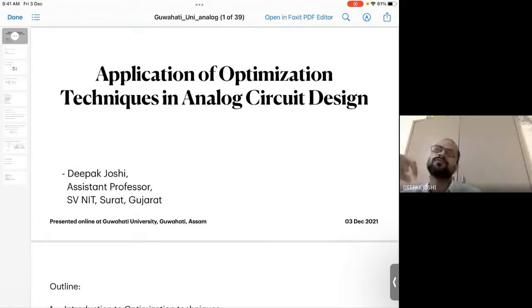So if we are able to apply optimization algorithms in order to minimize that time and effort, it will be very good, because it will be a great help to the designers, isn't it? In smaller circuits the reduction of effort may not be that visible, but in analog to digital converters and other complex circuits, they take quite a lot of time.